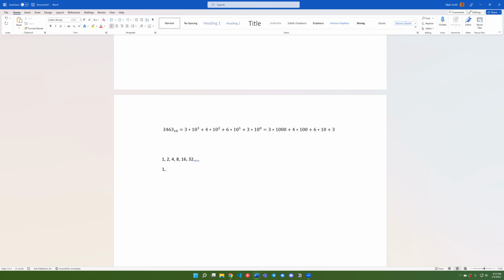Our second place is 8 to the first, which is 8. 8 squared is 64. I don't know what the next power is here. I want to say maybe 512. Yeah, I think this is 8 cubed. And then hexadecimal is base 16. So our places are 1, 16, 256, 4096, and so on and so forth.